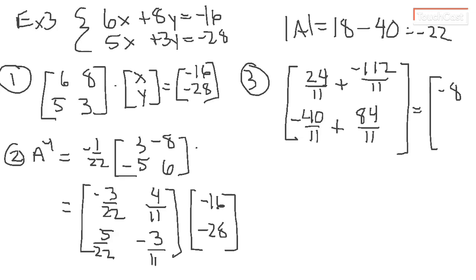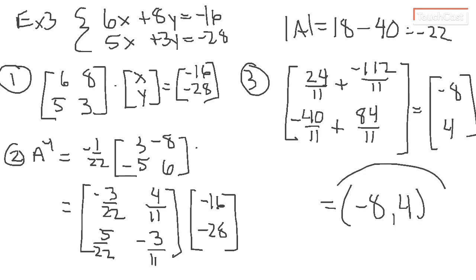In fact, this is positive 44. If we divide that by 11, we get 4. So our solution to this system is going to be the ordered pair, negative 8, 4. So we'll look at 3-variable systems, the last 3 examples on our note sheet, in our next video.